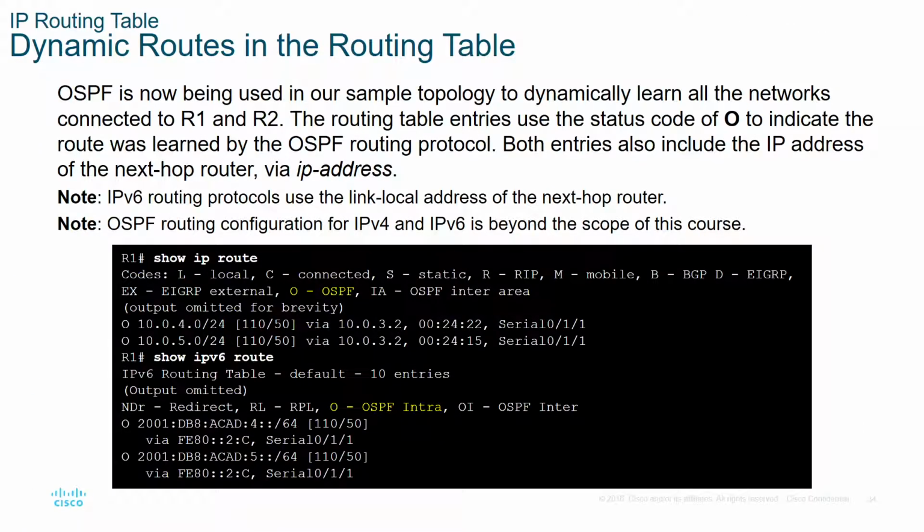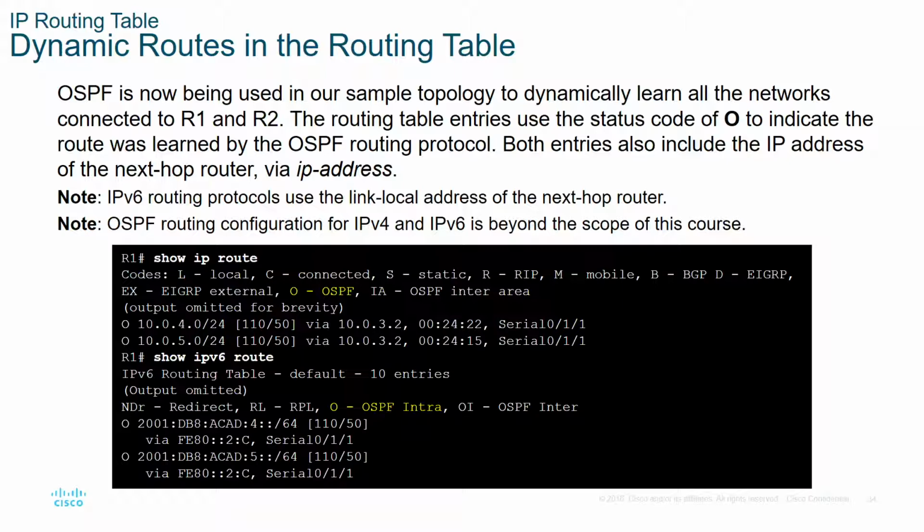Dynamic routes in the routing table. OSPF, which is Open Shortest Path First, is now being used in our sample topology to dynamically learn all the networks connected to R1 and R2. The routing table entries use the status code of O to indicate the route was learned by the OSPF routing protocol.